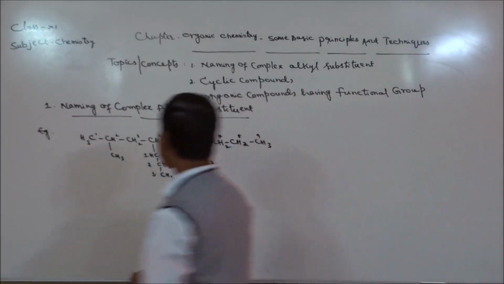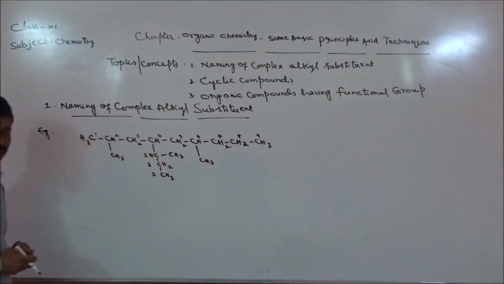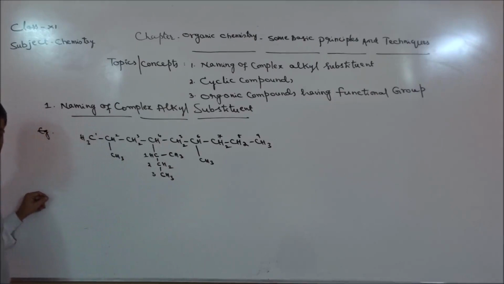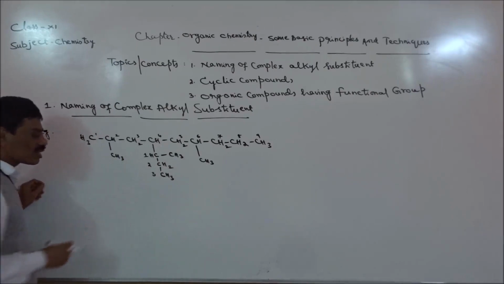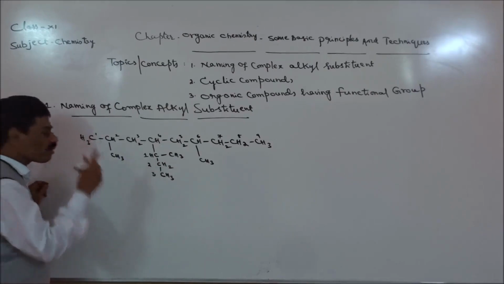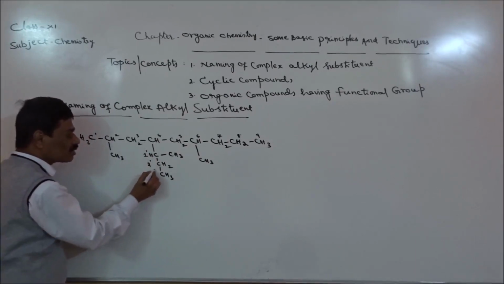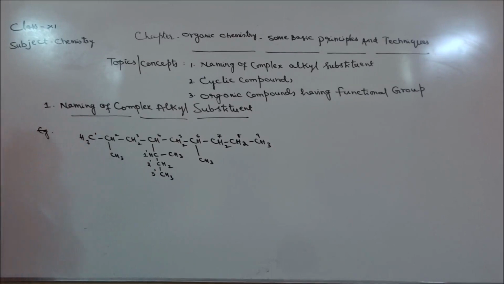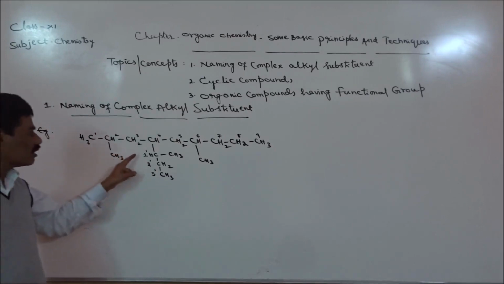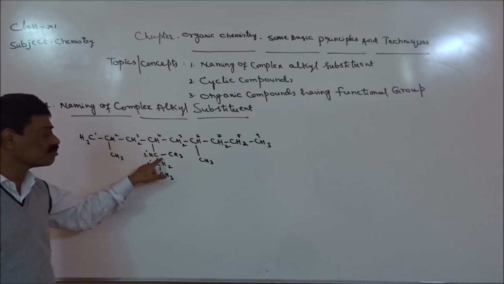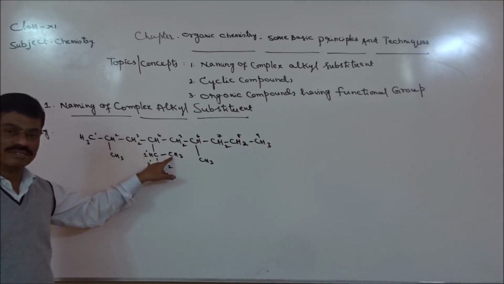In order to distinguish one from the other, in this complex alkyl group, wherever I have written 1, 2, 3, there I write dash marks. Means 1 dash, 2 dash, 3 dash. So this should be written as 1 dash, 2 dash, 3 dash. Means to the 1 dash carbon atom, methyl group is connected.